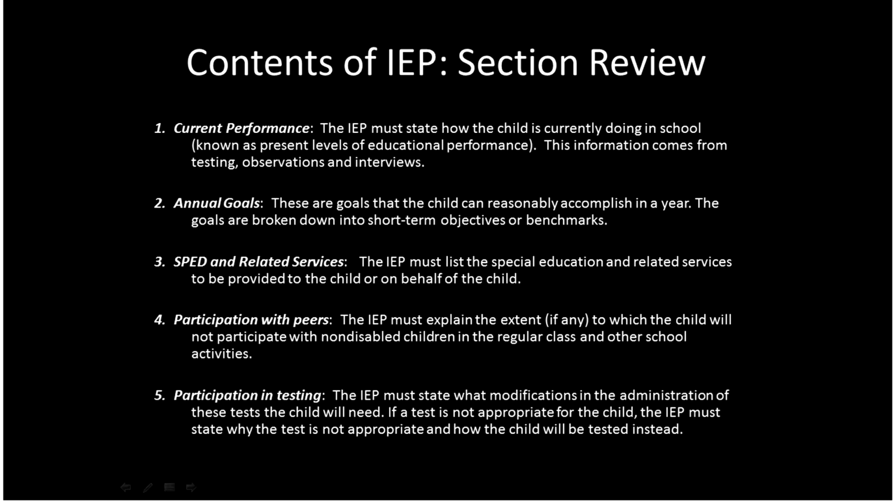So we're looking at numbers and we're looking at observations and we're looking at different data collection procedures, whether they're checklists or interviews. All that is included here. And we're looking at how the disability affects the child's performance in the regular classroom. So these are 5 areas that have to be included in every current performance area.